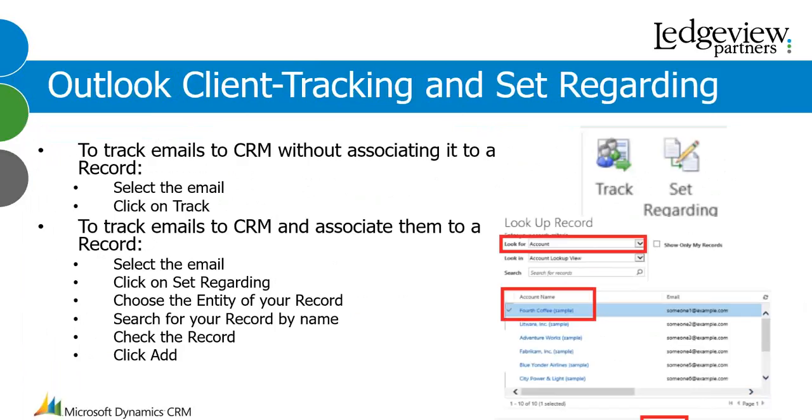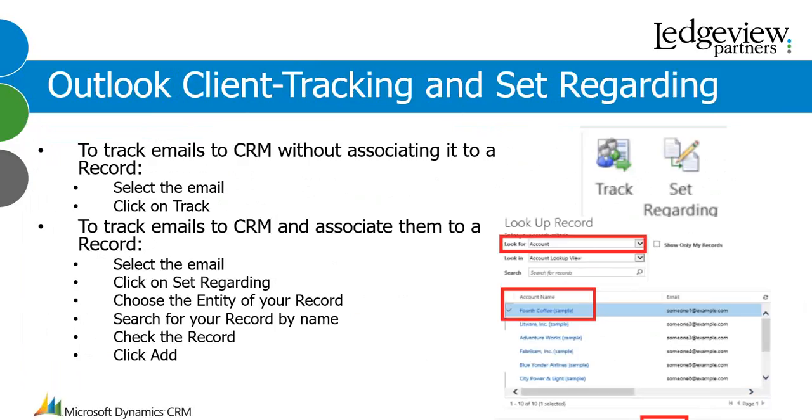It creates an activity, but it doesn't associate it to a record. So it's not associated to an account, a contact, an opportunity, any of that information. If you want it to associate to a record, click on Set Regarding, as it'll do both. It'll track it and associate it to a record in CRM. And I'm going to show you how to do both of these.